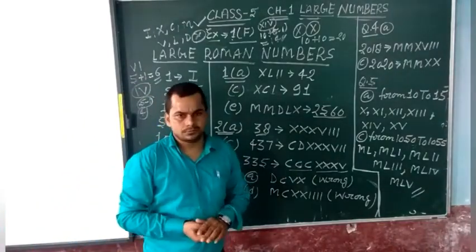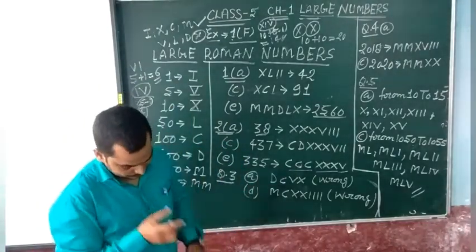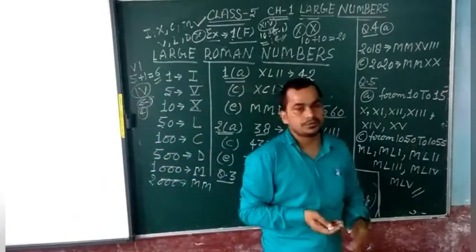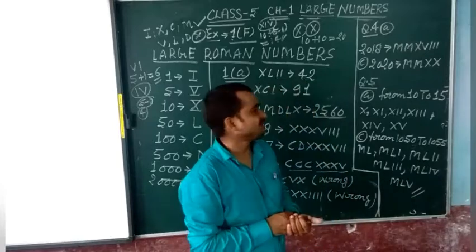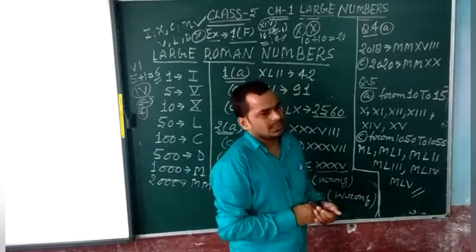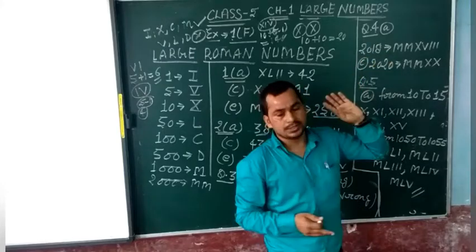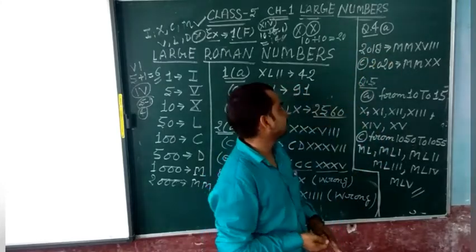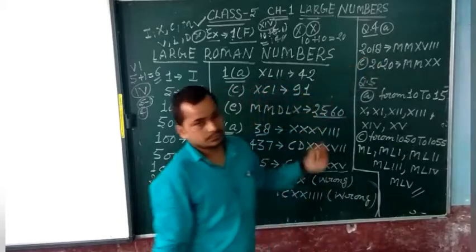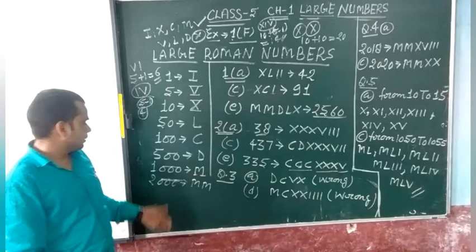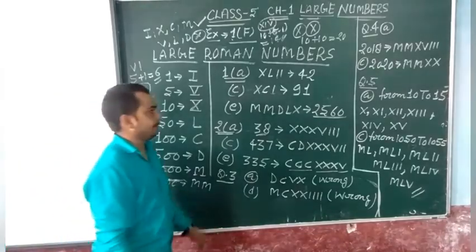Now question number 4. Write the given years in Roman numerals. So the year is 2018. We know that M is 1000 and MM is 2000.